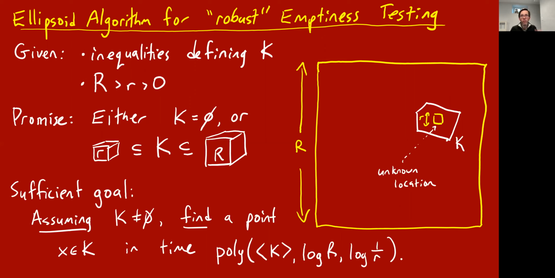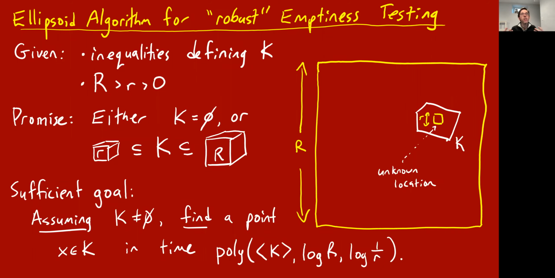And now we're finally set up, so you can really start to get ready for the algorithm. Once again, you're given these inequalities defining K, defining this polytope. You're promised that K is inside this giant box of side length R, centered at the origin. You're also promised that K contains a tiny box of side length little r, and you just have to find a point in K. Since you're given K, you can look at the inequalities that define it.